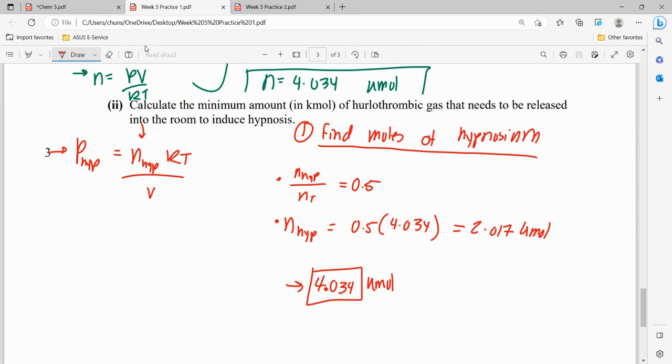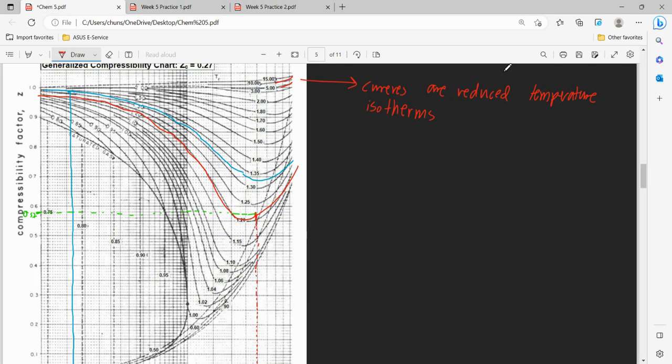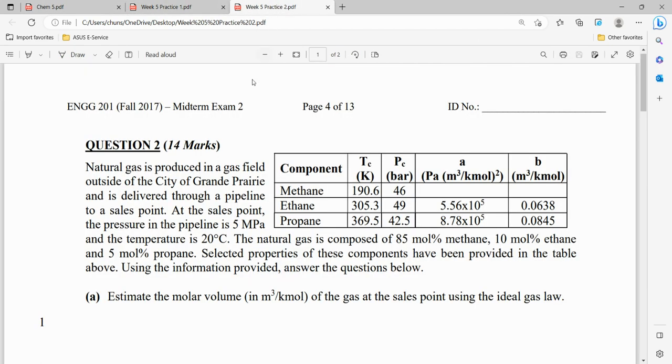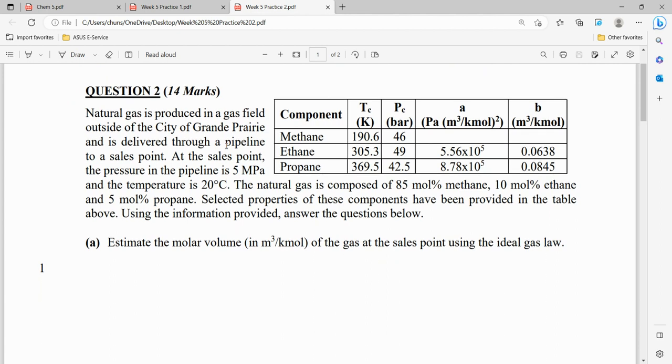We learned how to use Pitzer-Curl as well as the Z chart to find different values. And now we're going to take a look at this next question here. We want to estimate the molar volume of the gas at sales point using ideal gas law. We have a natural gas that is produced in a gas field outside Grand Prairie, and it's delivered through a pipeline to a sales point.